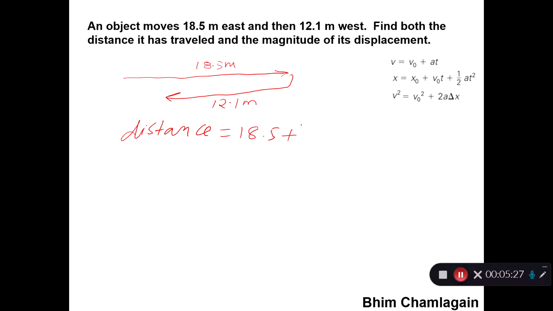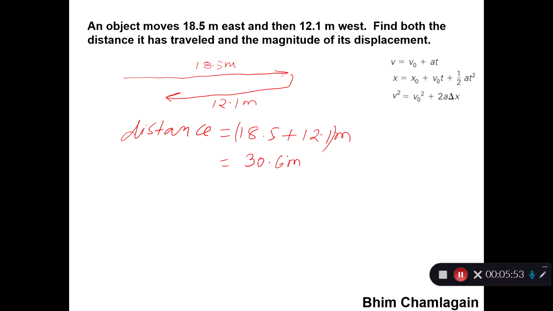So 18.5 meter in east plus 12.1 meter west. Add them together and you will get 30.6 meter. This is the distance traveled.